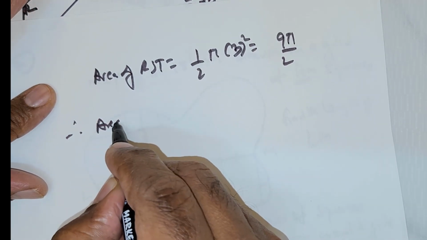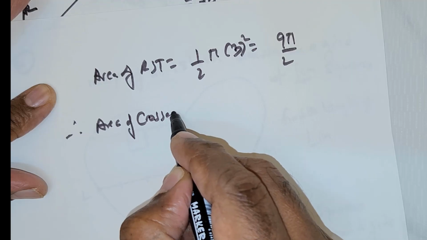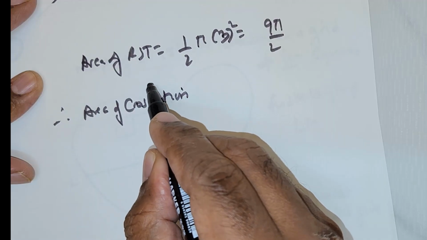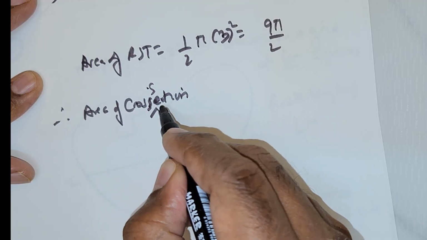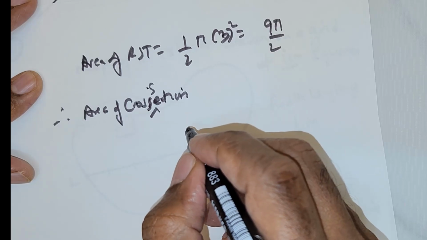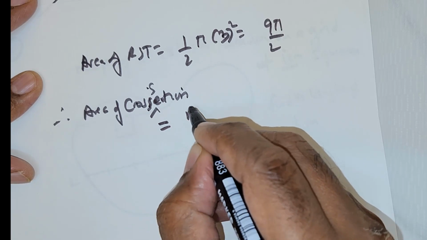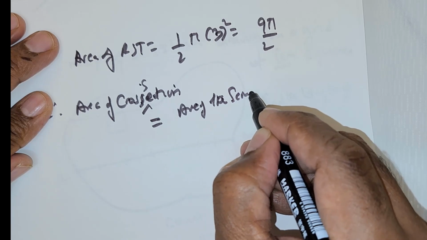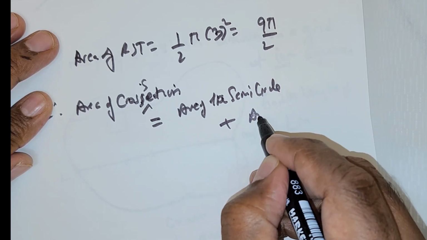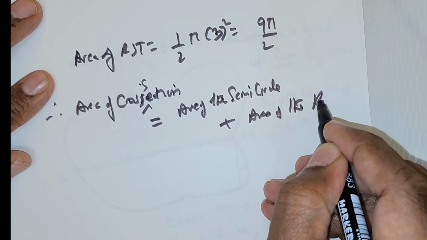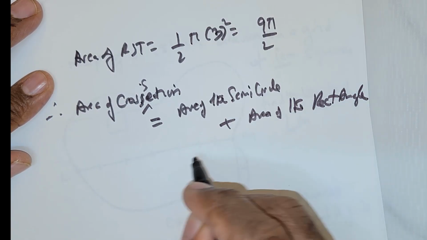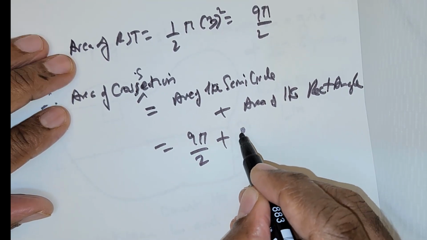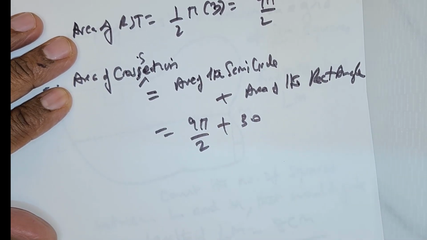So therefore area of the cross section, okay, I have to place an S there. That is going to be area of the semicircle plus area of the rectangle. So area of the semicircle is 9 pi over 2. Area of the rectangle is 30 square units.